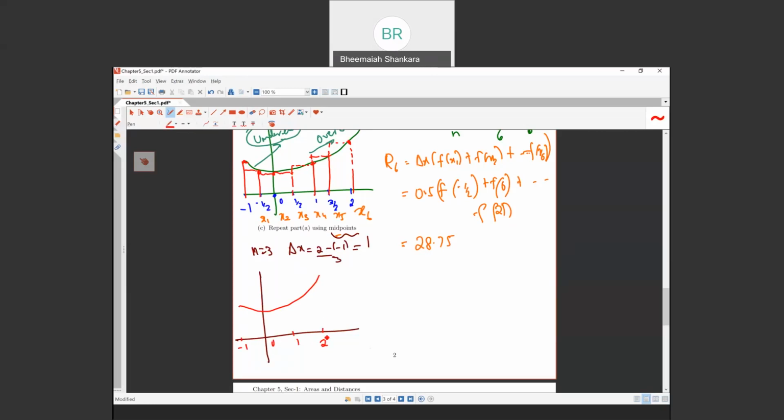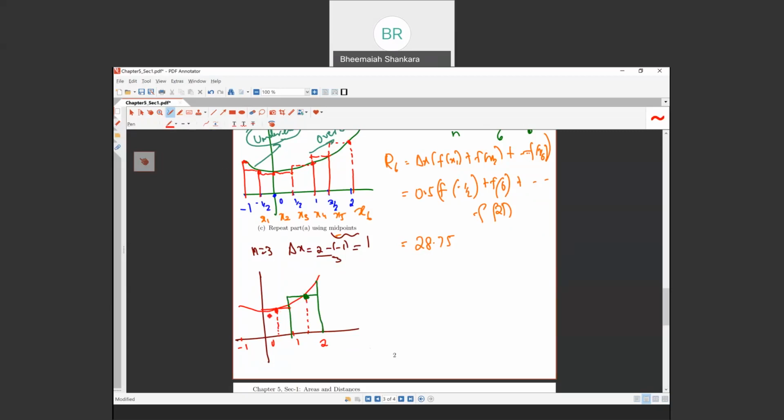So this time you want to draw the midpoints. Between 1 and 2, it's the midpoint here. So draw a vertical line to 2, draw a vertical line from the curve to 1. But this time draw a horizontal line towards the midpoint and then join to make a rectangle. Same thought, you want to draw a midpoint here and a vertical line dropping down from the midpoint. Then draw a horizontal line.